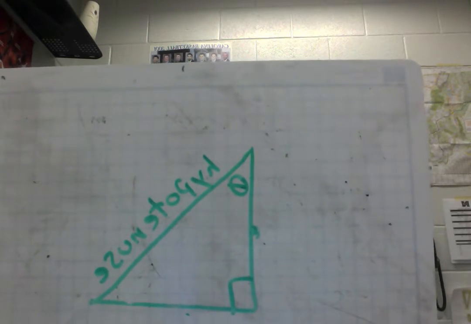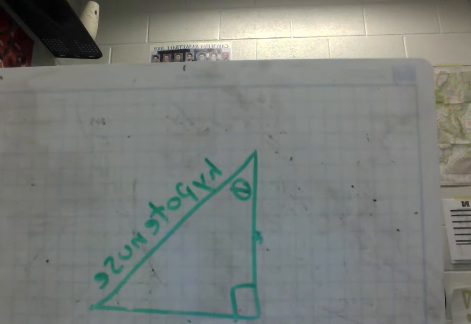Okay, now I said that's if our angle is down there. If our angle is not down there, then the opposite and adjacent sides are going to switch. So I'm going to erase those names. I'm going to put theta up in that corner.